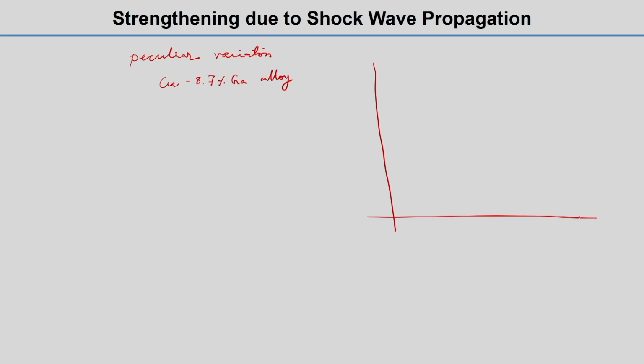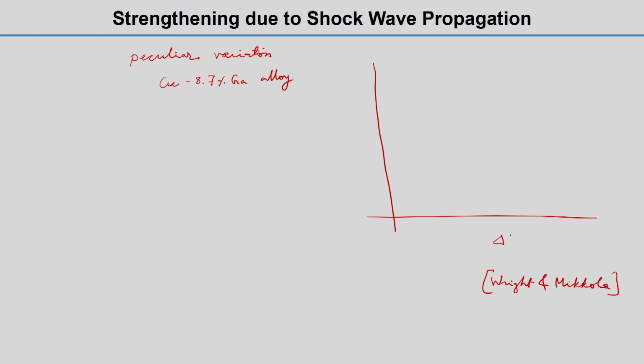There can be some peculiar variation in some materials, like let us say copper with 8.7% gallium alloy. This is from Wright and Mikkola, the original plot.